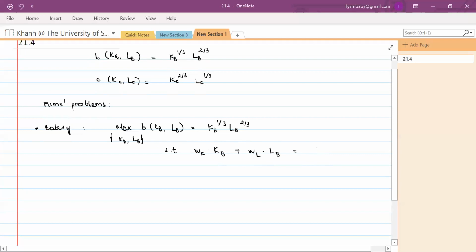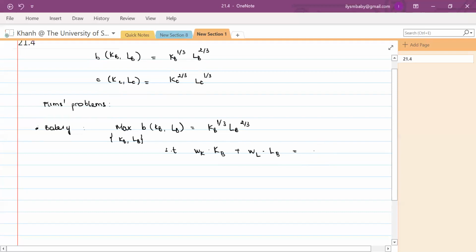Now their total income is given from their initial amount of capital and labor that they are given from the beginning. Initially they are given half of the capital and half of the labor. Each of the firms shares the endowment equally.